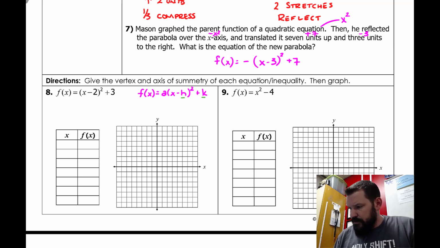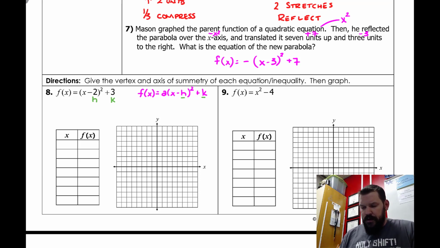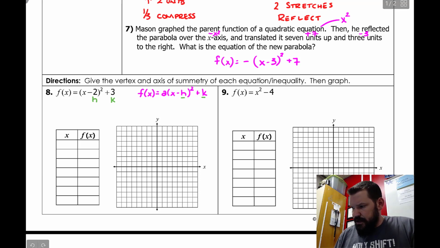So in our example number 8 here, h is 2, k is 3. So we have the vertex is 2, 3. And the axis of symmetry is x equals 2.